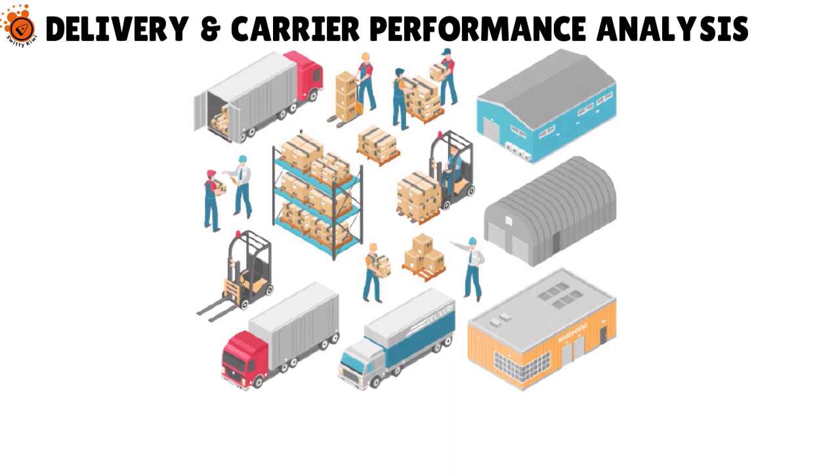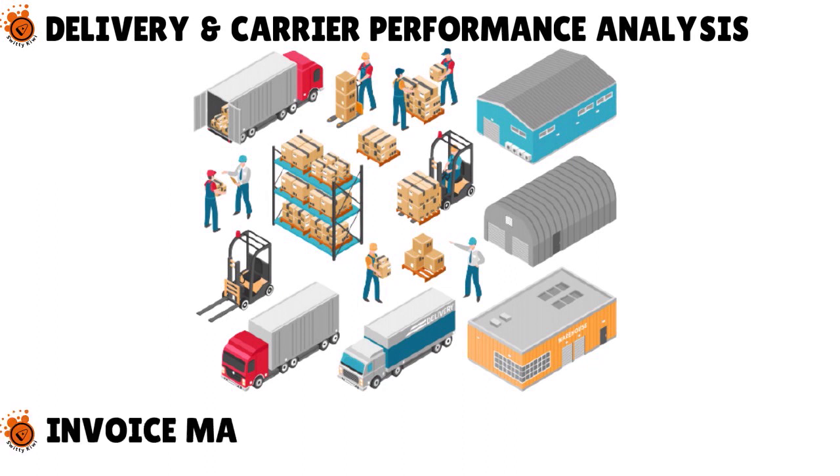This is where you might be losing money. I said earlier that you might be thinking everything is fine, done and done when the items leave the warehouse. But for your customers, this is just the beginning. And the whole thing is you must make sure that they get the products in good condition. So pay attention to delivery and carrier performance analysis.